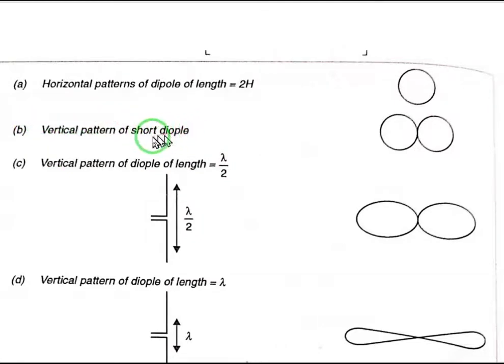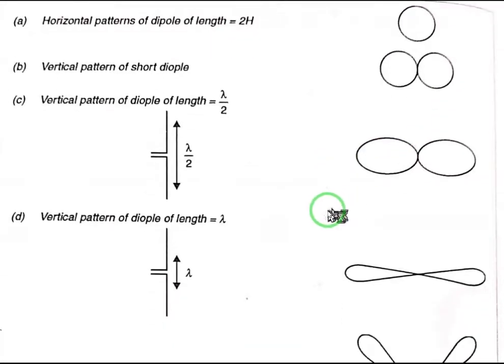The answer for this is that always remember that a vertically polarized antenna always comes out with a horizontal field pattern, and a horizontally polarized antenna or dipole element always has a vertical field pattern.